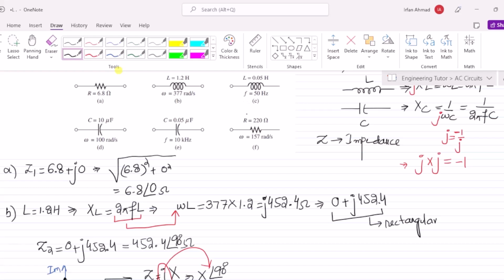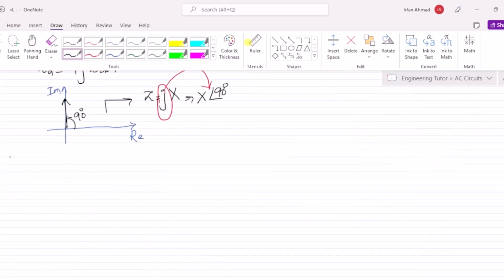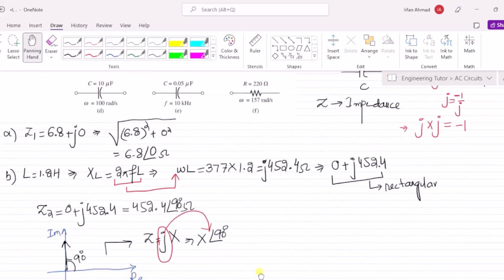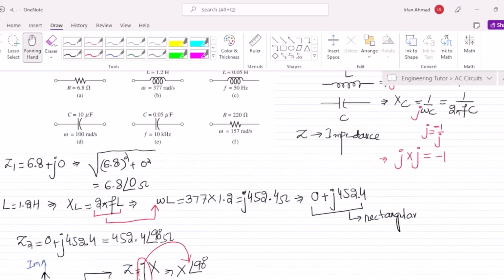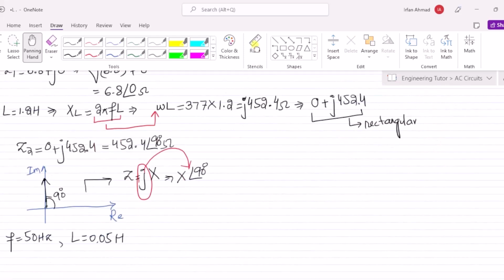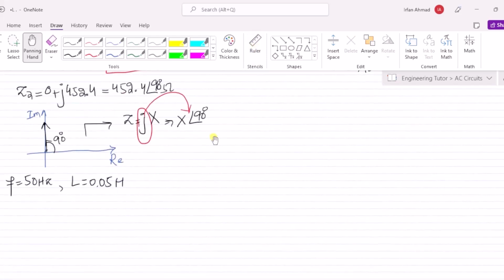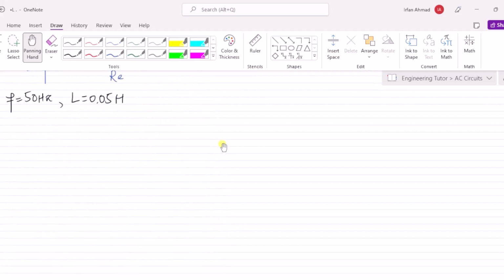So this is part C, and in part C I have a frequency of 50 hertz, while the inductance is 0.05 henry. Let me check it again. Okay, so that is 0.05 henry. Again we have to find the same values here.